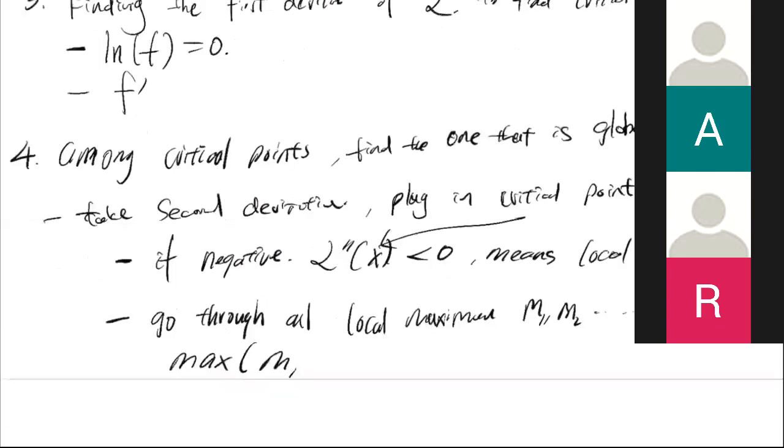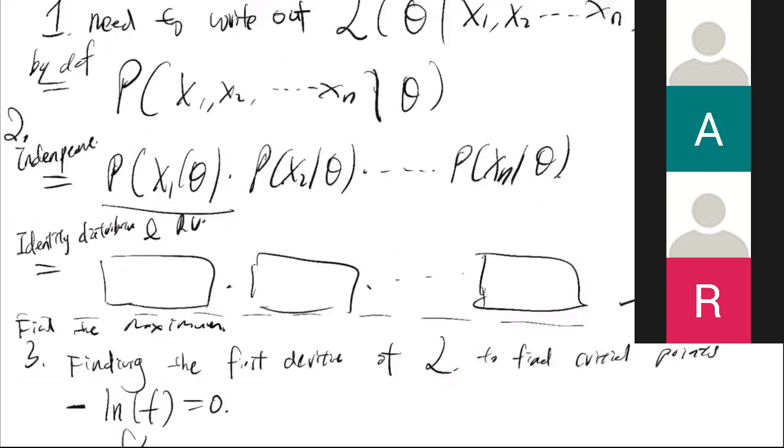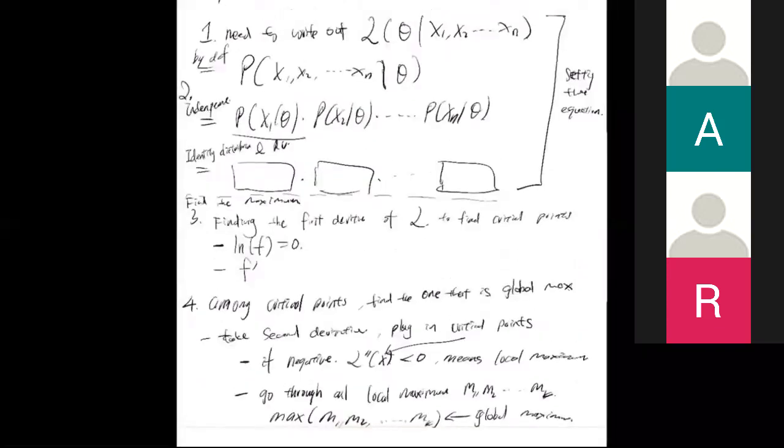That's your global maximum. So all questions can be solved in these 4 steps. The first 2 steps are setting up the equation, and the last 2 steps are solving computationally.